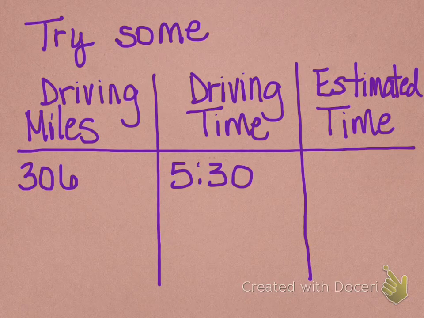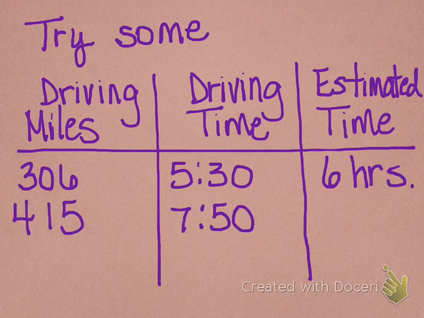What would my estimated time be? That means I need to round my 5 hours and 30 minutes to a whole number. Would it be 5 hours or would it be 6 hours? If you said 6 hours, you would be correct, because the 30-minute mark is halfway. So that means I go to the next number.